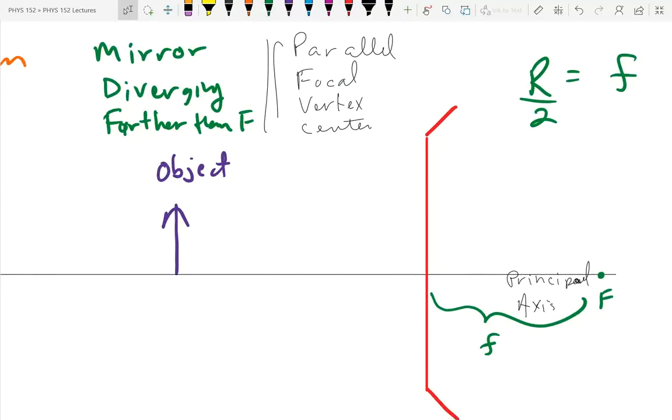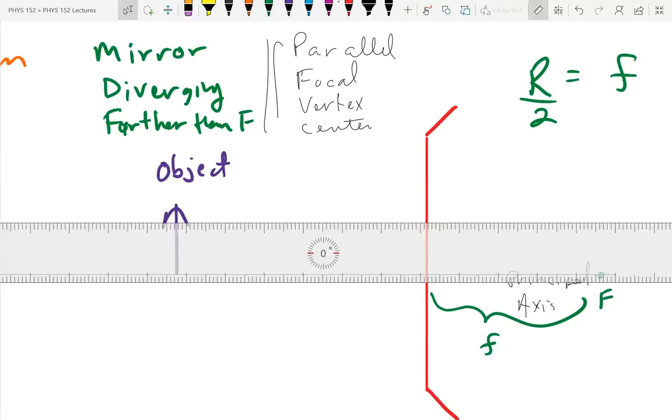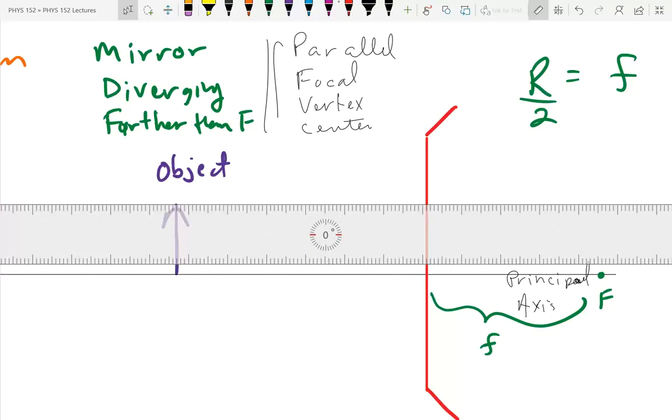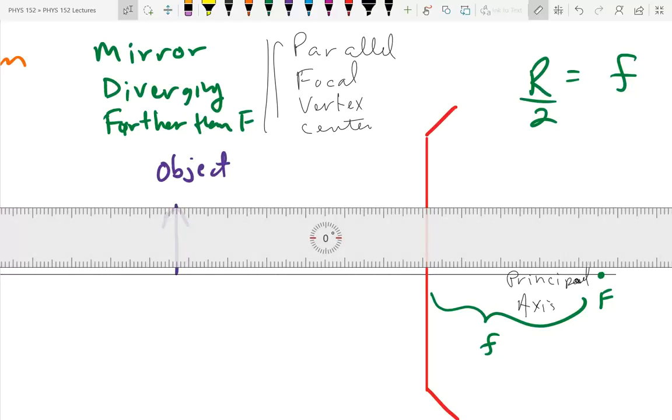So now we'll do the rays, and I will start with the parallel ray. So I'm going to make the parallel ray in orange. There's my parallel ray. Poor choice of color. You can't distinguish it from the mirror. How is that going to reflect? It should reflect so it goes through the focal point.